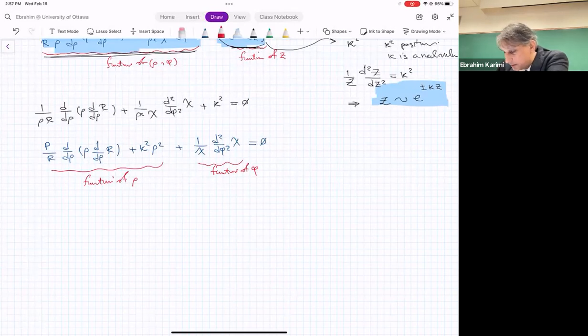Fantastic. So this is a function which is independent of rho. The other one is independent of phi. The sum again is equal to 0. Then the same situation: we assume this is a constant value.